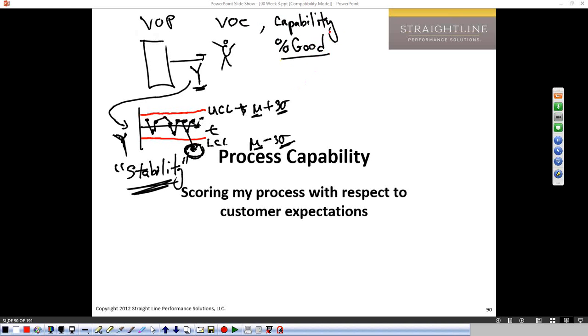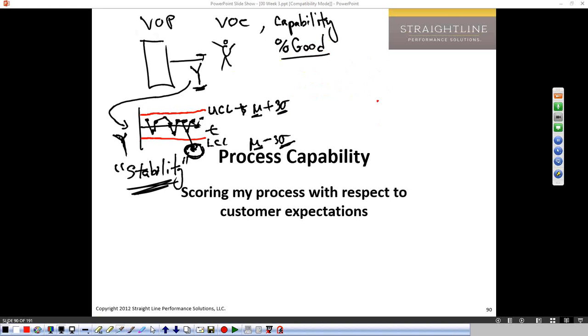But of course, if we have the percentage that's good, we also have the percentage that's bad, right? That's not too hard. If we know that the percentage good out of our process is 85%, what's our percentage bad? Anybody? 15. Yeah, 15. It's not rocket surgery there. So that's what we're trying to do in this section.